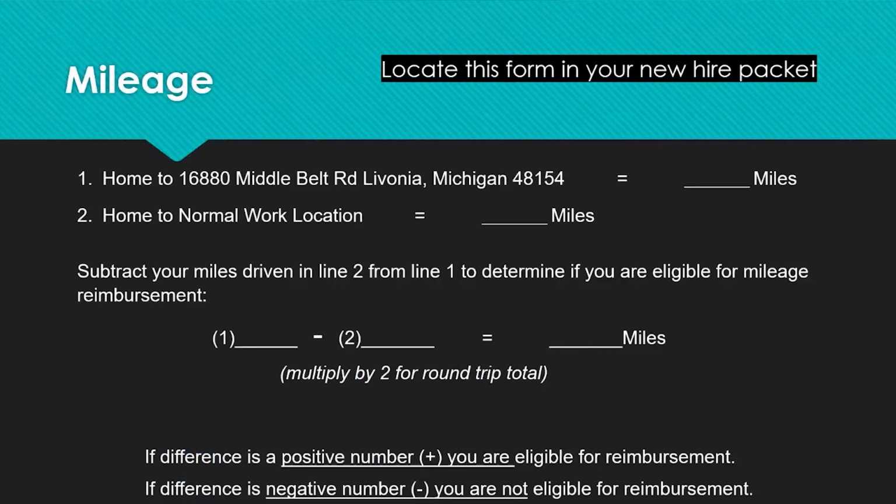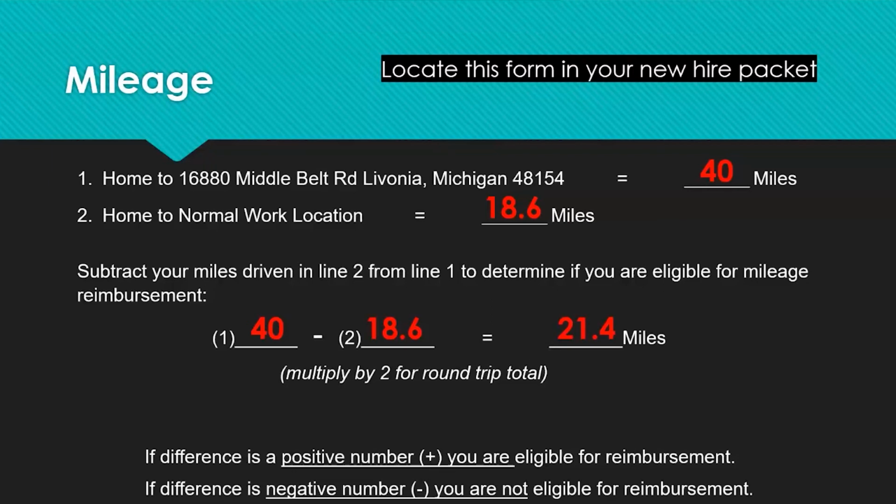In the sample, the staff drives from home to Livonia Student Center is 40 miles. Their drive to their normal work location is 18.6 miles. The staff will be paid 21.4 miles each way, the overage driven.